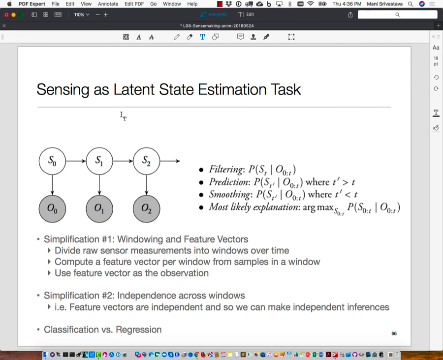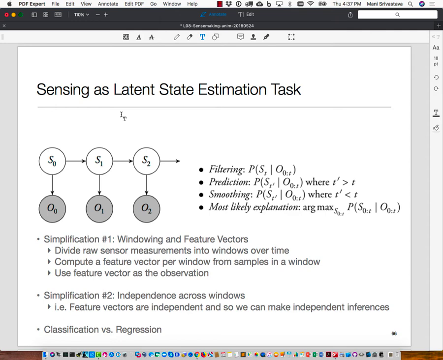So we simplify our task: for each window, I'm going to predict what was the state. And this obviously runs into some conceptual problems, like what if during that window I stood up? The idea is hopefully you will pick a small enough window that the likelihood of that happening is close to zero.